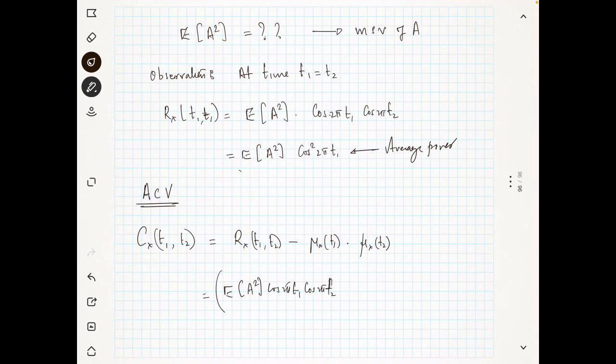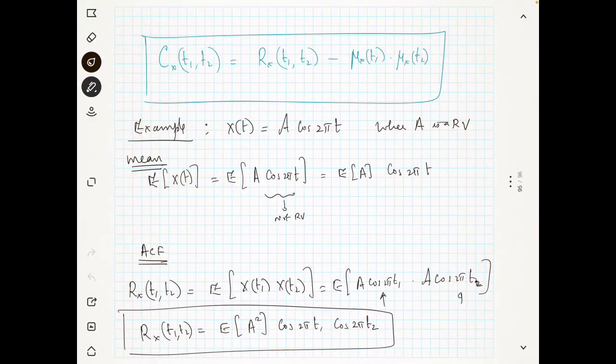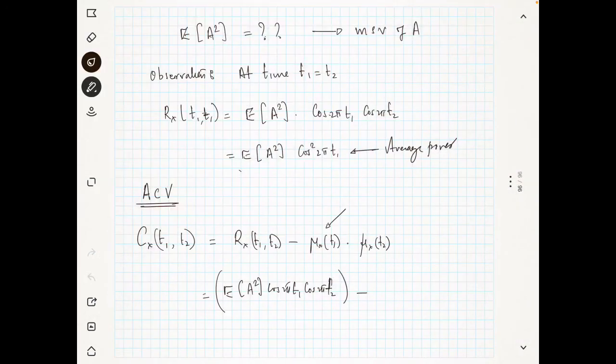This is the first part, minus mu x of t1. We have seen the average is expected value of A into cosine of 2 pi t1, and the second part is expected value of A into cosine of 2 pi t2.